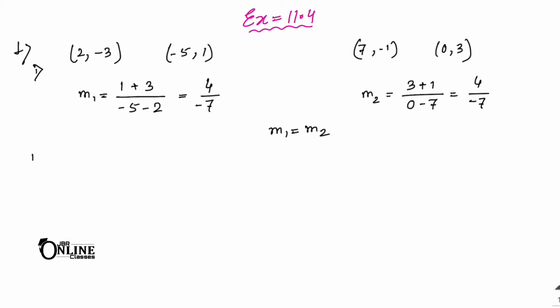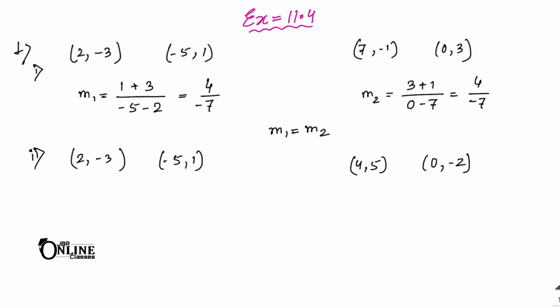Now the next one, number 2. Show that the line joining the same points, (2, -3) and (-5, 1), is perpendicular to the line joining (4, 5) and (0, -2).